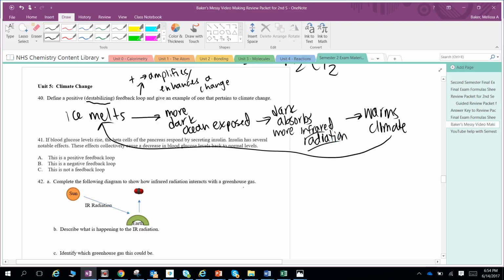So you can see that it's just accelerating this change.